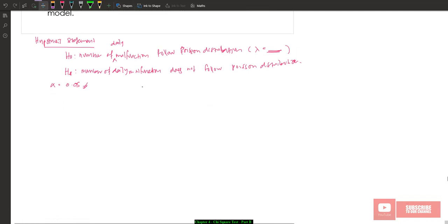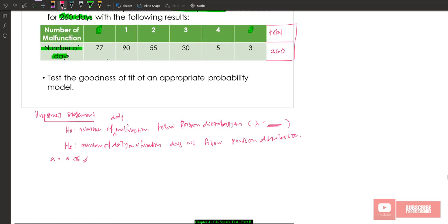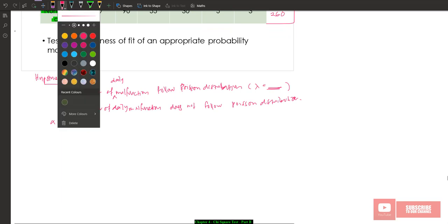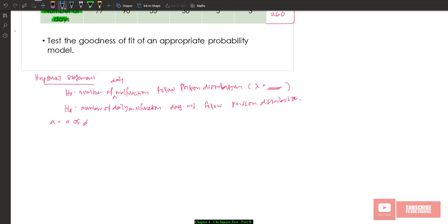Now before we start the calculation of the test statistic, we do not know the value of lambda. To find lambda, it is actually the expected value.